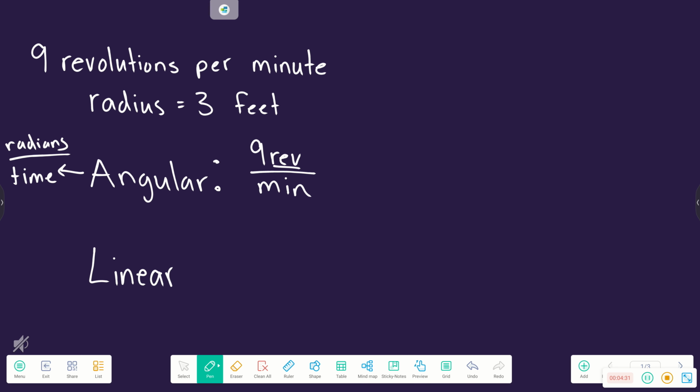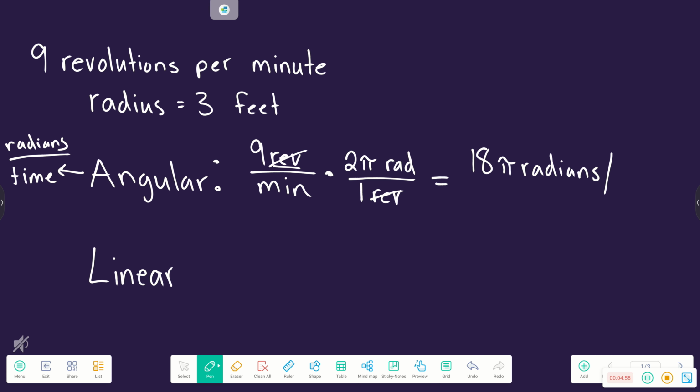Now, this is something that we already did in our last video. If I want to get rid of my revolutions, I know that one entire revolution is 2 pi radians. Okay, that allows me to cancel out my revolutions, giving me an angular velocity of 18 pi radians per minute.